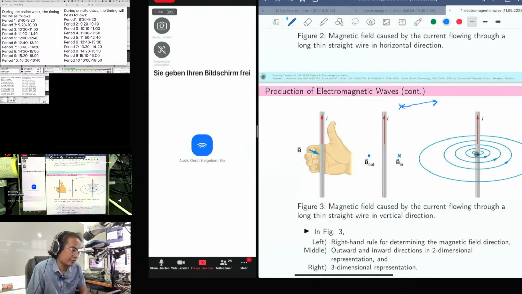If you are close to the long straight copper wire, will you get high or low intensity of magnetic field? What do you think? If you are close to the wire, you would be able to observe more strength of the magnetic field, right?